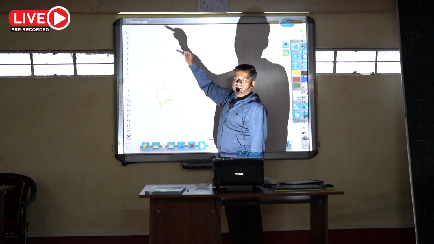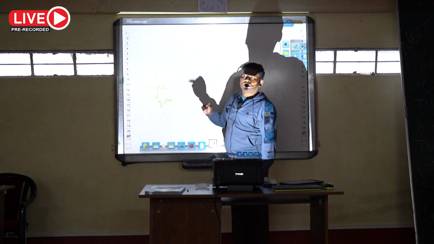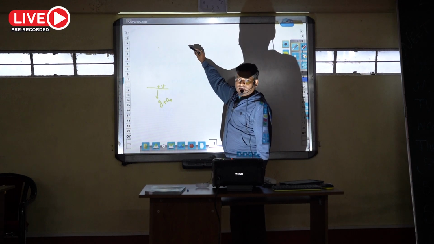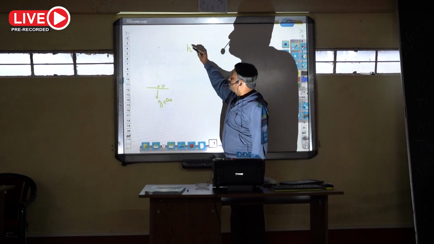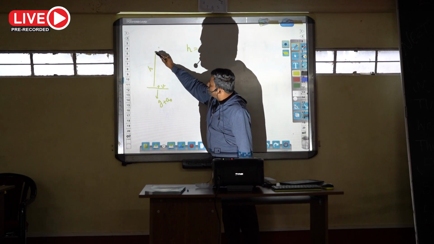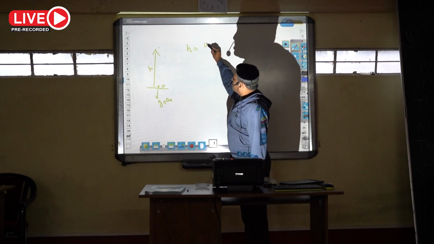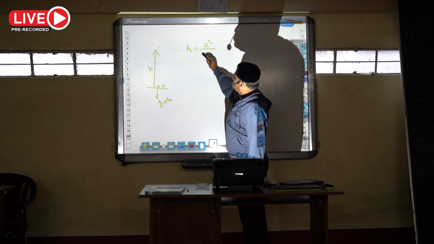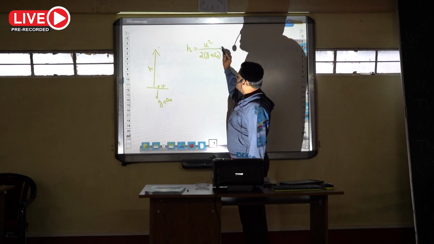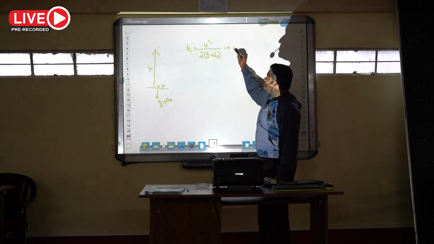So what will be that height? I can calculate u square by 2g. So the maximum height reached will be u square by 2 into g plus a naught. Clear? So this is my first equation.